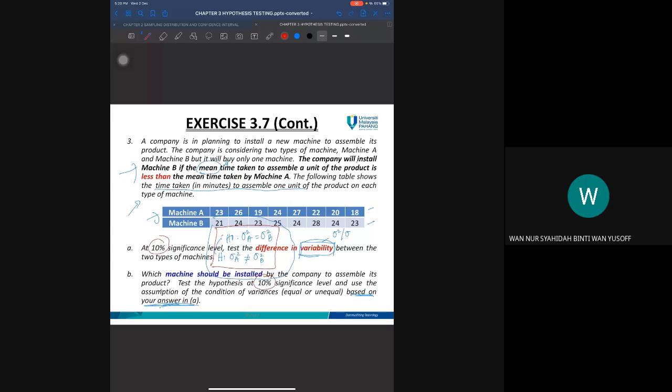Let's say that we change this alpha to 5%. Then you cannot use the answer from A. You have to test another one based on alpha 5%. So in order to use the answer from A, alpha must be the same. That's how they are related.